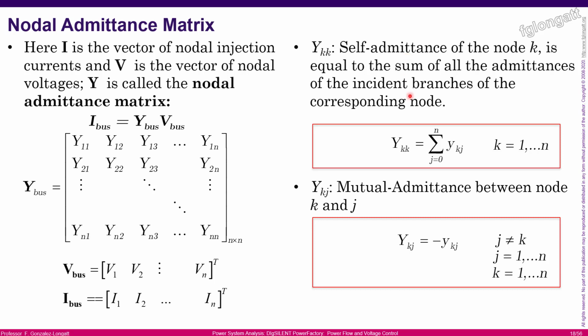The self-admittance is defined as the sum of all the admittances connected to the bus bar. It's a very basic concept. There is also the mutual admittance, which depends on the terminals of the bus bar, and is the negative value of the admittance connecting those elements.